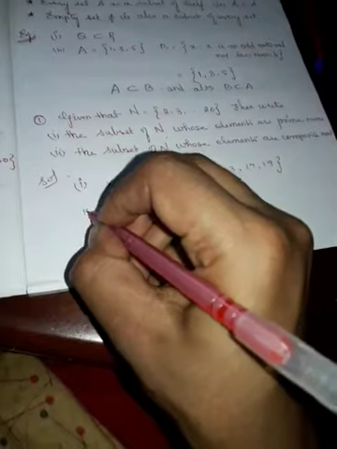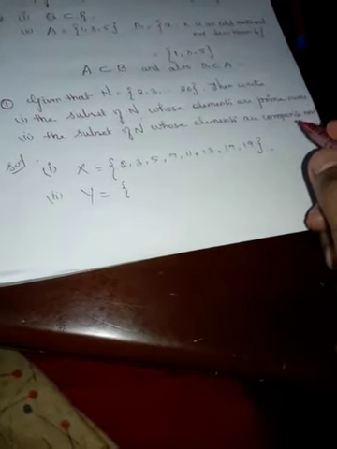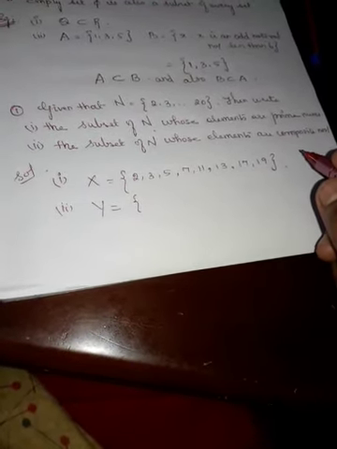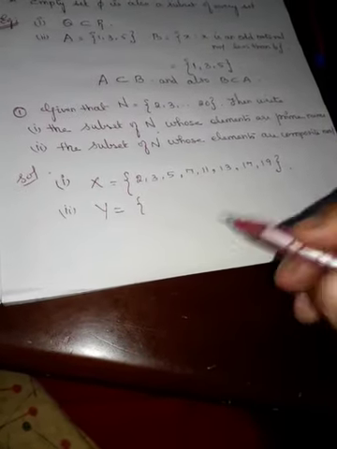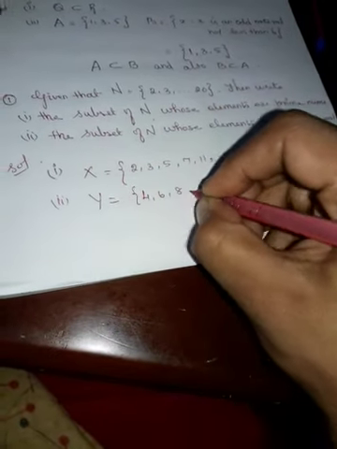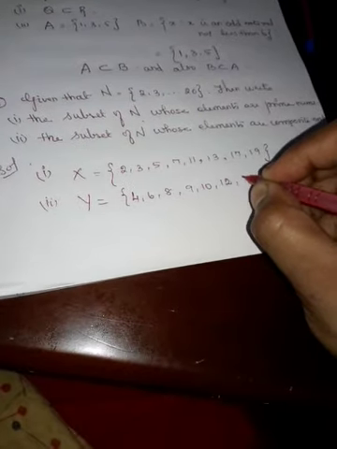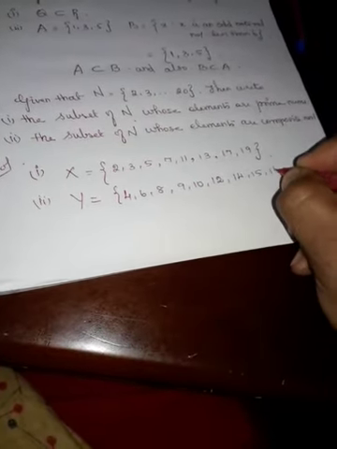And what will be the answer for the second one? Let us denote it by y, the subset of n whose elements are composite numbers. You know what composite numbers are, right? The numbers which are not prime numbers are called composite numbers. So it will include the remaining numbers 4, 6, 8, 9, 10, 12, 14, 15, 16, 18 and 20.